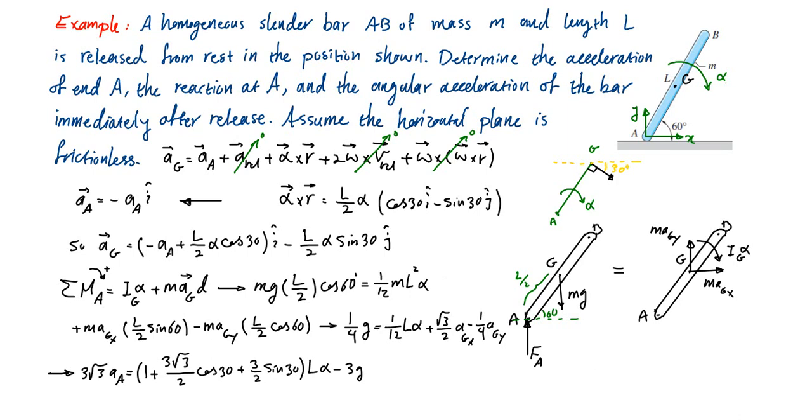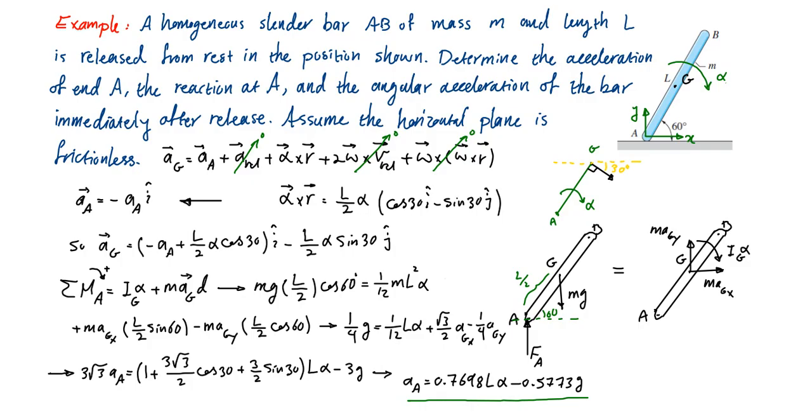Now from there you can find a_A, acceleration of point A. You'll get one equation: 0.7698 L alpha minus 0.5773 g. This would be your first equation, right? The equation you get from taking moments about point A. It's a relationship between a_A, L, alpha, and g.